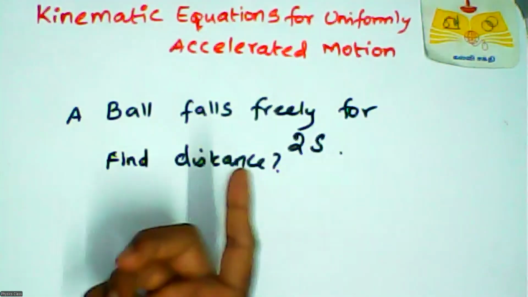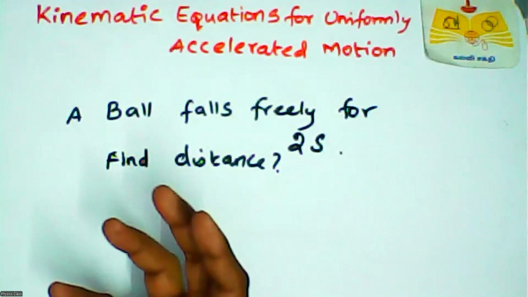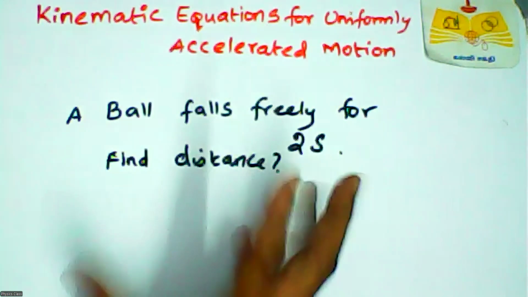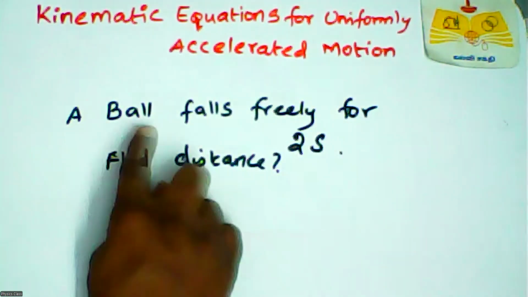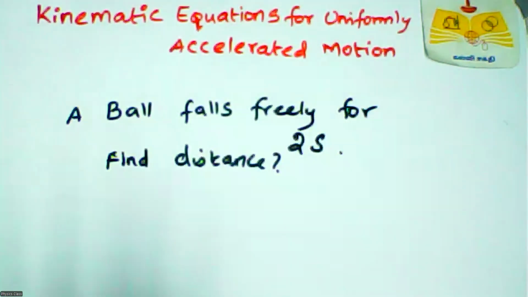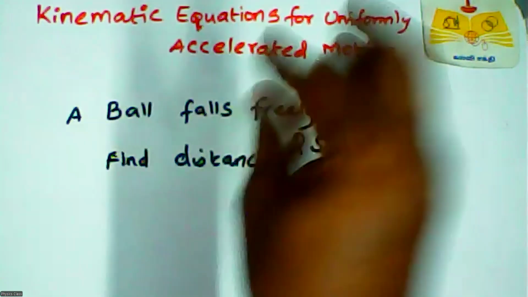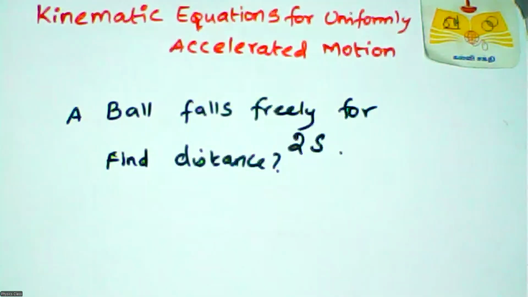So I already told you, a freely falling object denotes uniformly accelerated motion. Gravity provides uniform acceleration. So the ball falls freely under the condition of uniformly accelerated motion. A ball falls freely for 2 seconds.